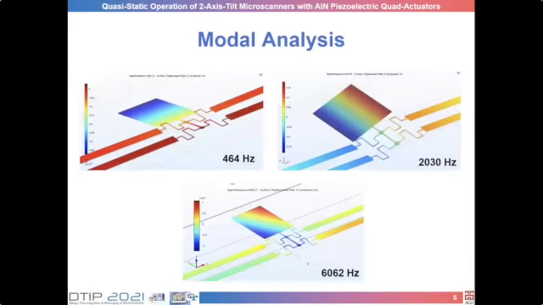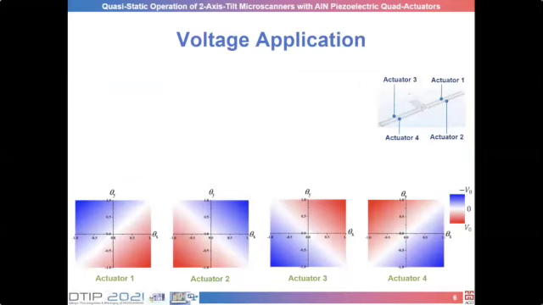And then the modal analysis was carried out for the design, and the resonant frequencies found were 460 Hertz, 2 kilohertz and 6 kilohertz. Next, voltage applications were examined for 2D scanning, and these are the voltage maps for the actuators.